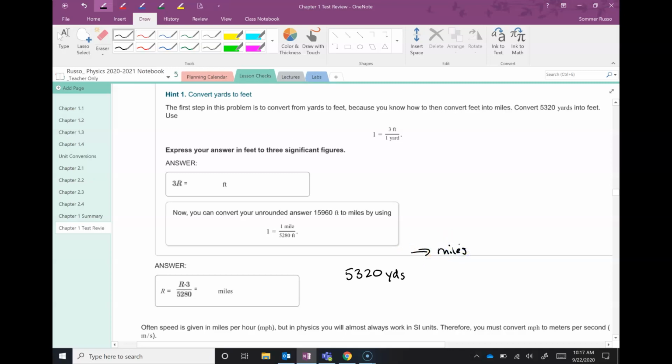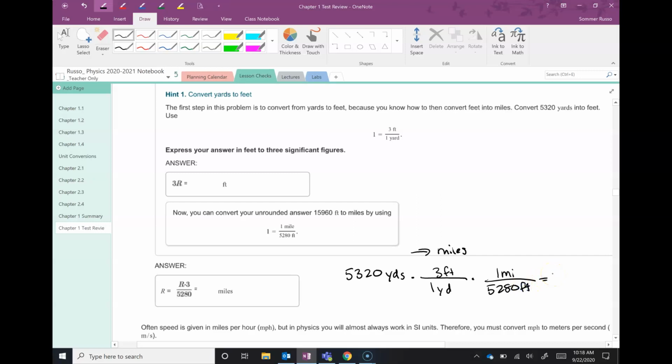We don't have a straight conversion from yards to miles, but we do have a conversion from yards to feet, and feet to miles. So going from yards to feet, 1 yard is equal to 3 feet. And then from feet to miles, we know that 1 mile is 5,280 feet.